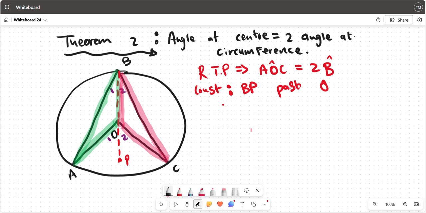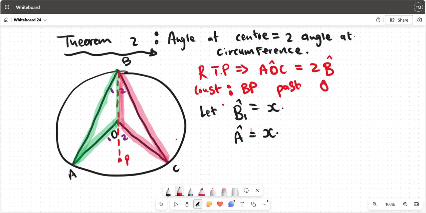Let's start with the green triangle. In that green triangle, let B1 equal X. If B1 is X, then A, the guy at the corner, will also be equal to X.